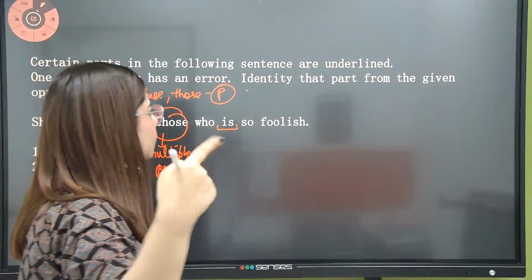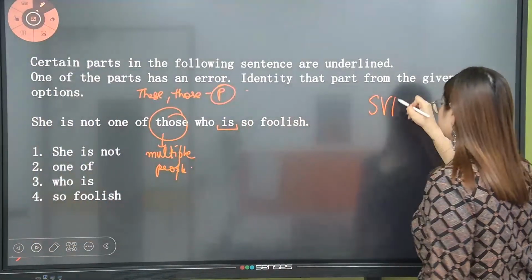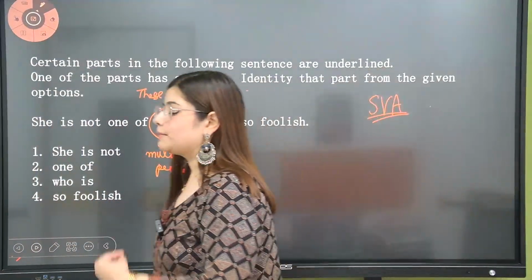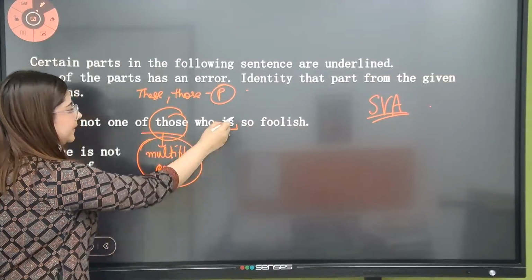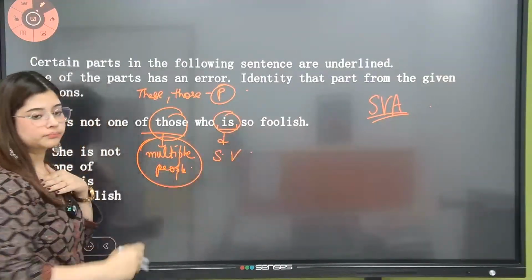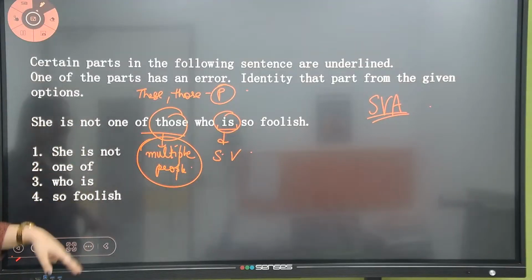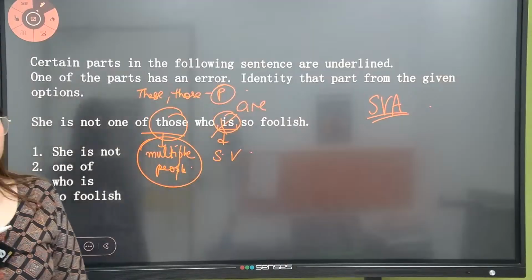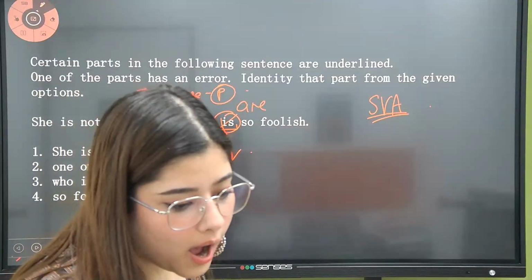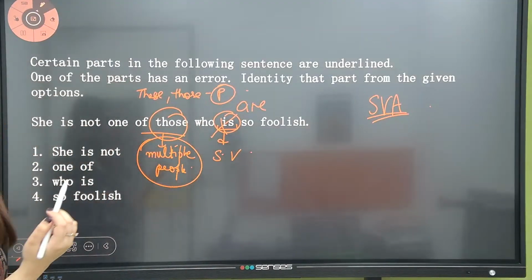Subject verb agreement. Those, multiple people, is a singular verb. She is not one of those who are so foolish.